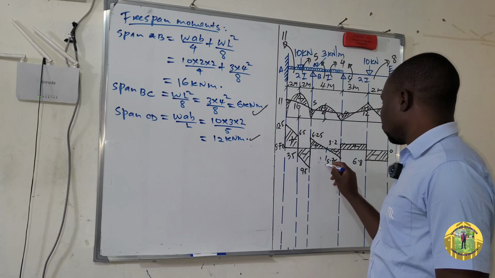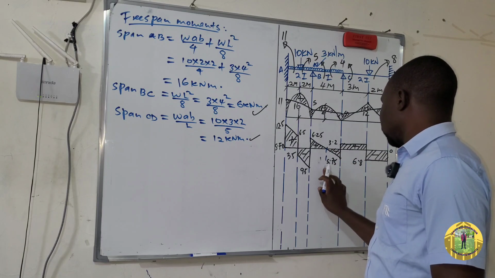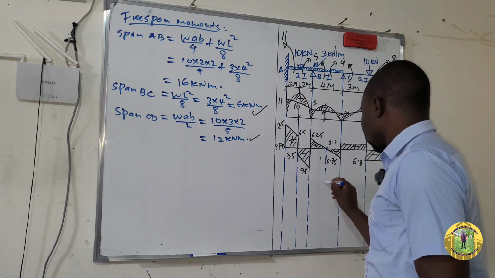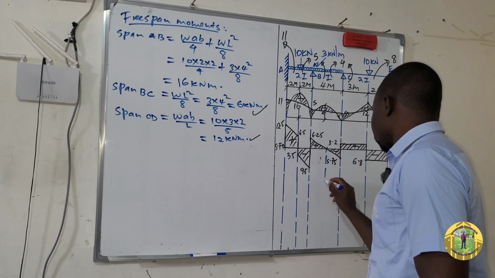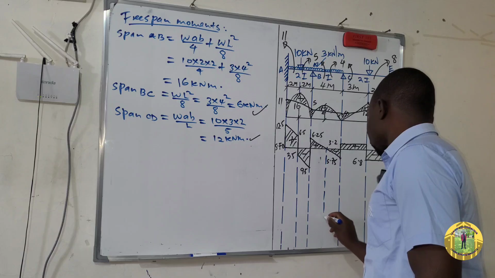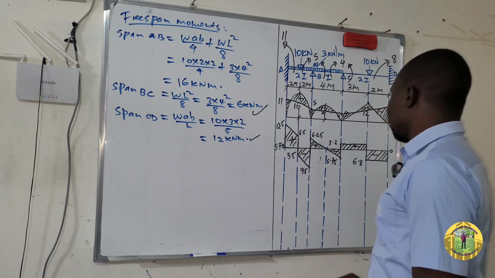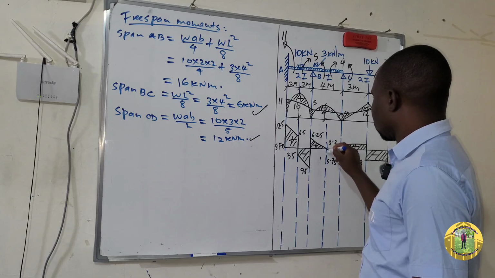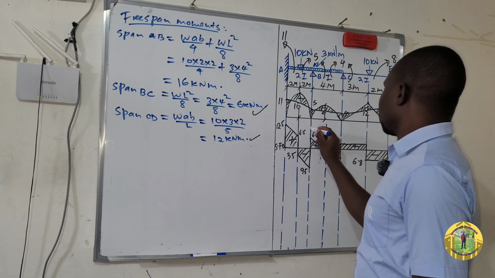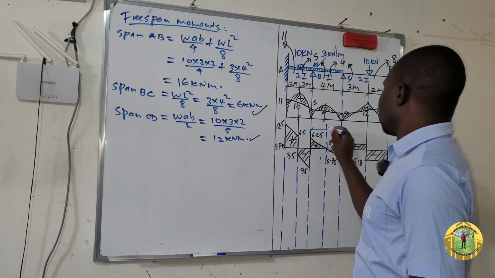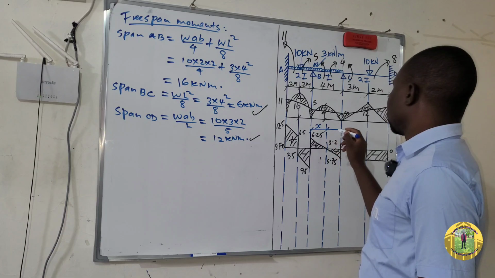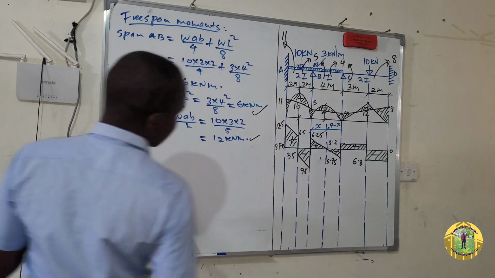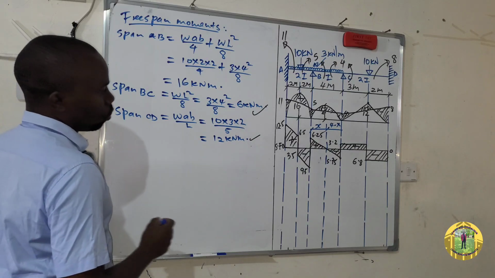Identify this point and extend this line like that. So we call this distance x, and here 4 minus x. Now to determine x, use the similar triangle rule.